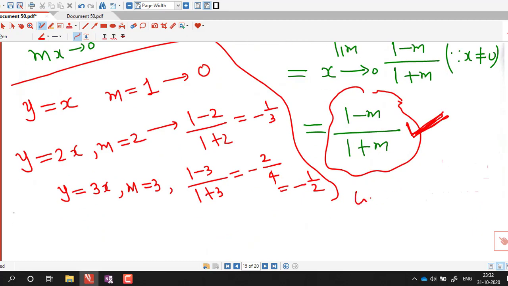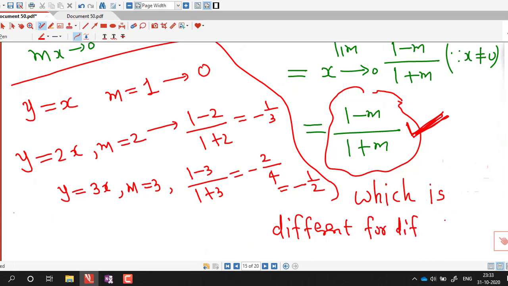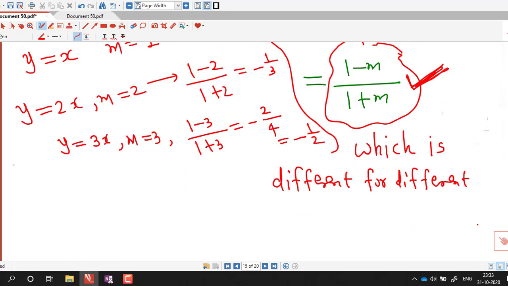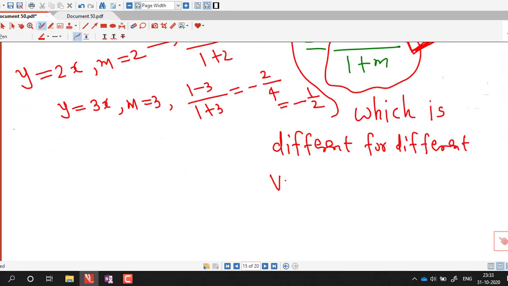So from this we can say that 1 minus m upon 1 plus m is different for different values of m.